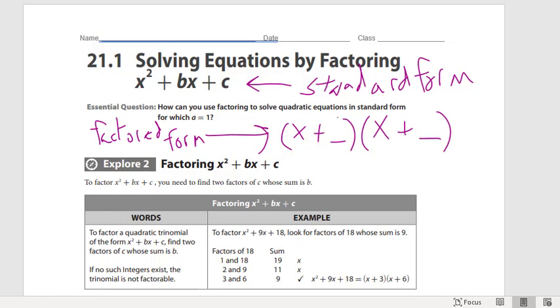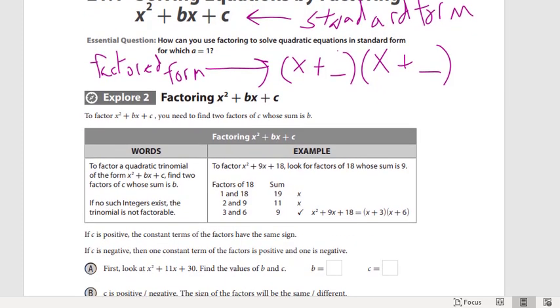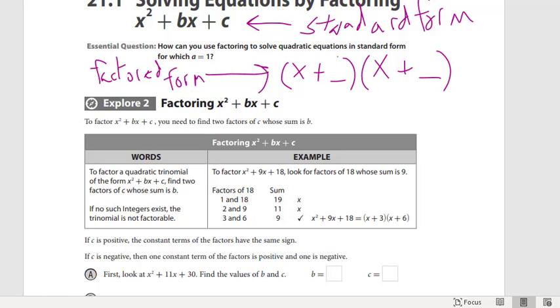What we are going to look at is essentially undoing the multiplication process that we've done before. We do that by finding factors of our value, and we take our numbers b and c. We're going to find two factors of c, so they have to multiply together to equal c, and then they have to add up together to be b.